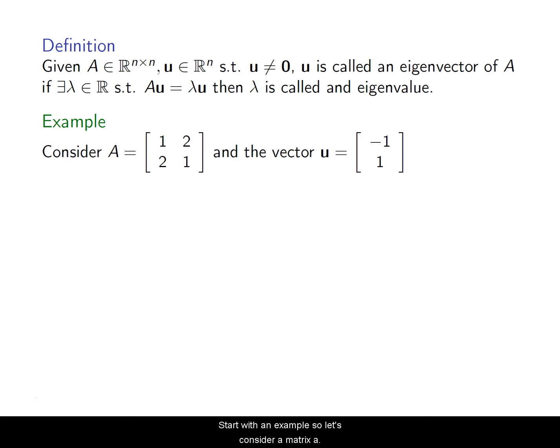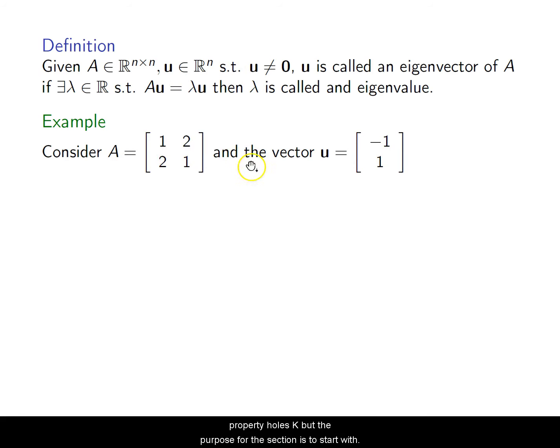So let's start with an example. Let's consider a matrix A, that's our n by n matrix, and a vector U. In this case, we're using the vector negative 1, 1. What's going to end up happening is that we're going to find this vector. Right now, for this first example, we are going to assume we have this already, and we're just showing that this property holds.